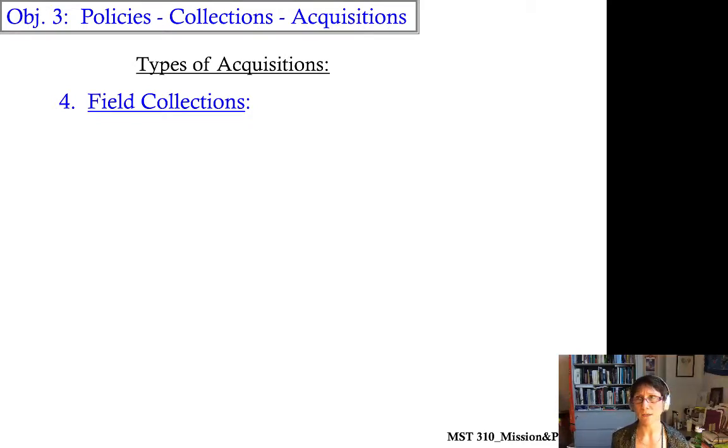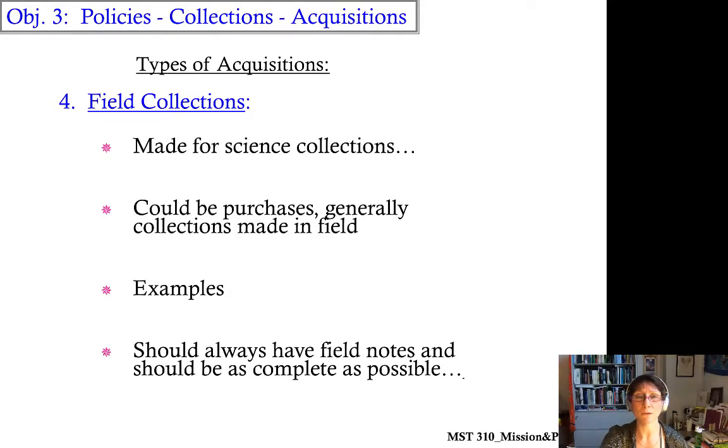And so those are going to require all kinds of permits that the institution or the individuals will have to acquire before they go collecting. And then if it's international, they'll need export permits as well. And we'll talk about those kinds of permits later on in the semester. So we'll talk about legal aspects of collecting later. But anyway, I say here that field collections are made for science collections or for, say, anthropology, which is also a life science.